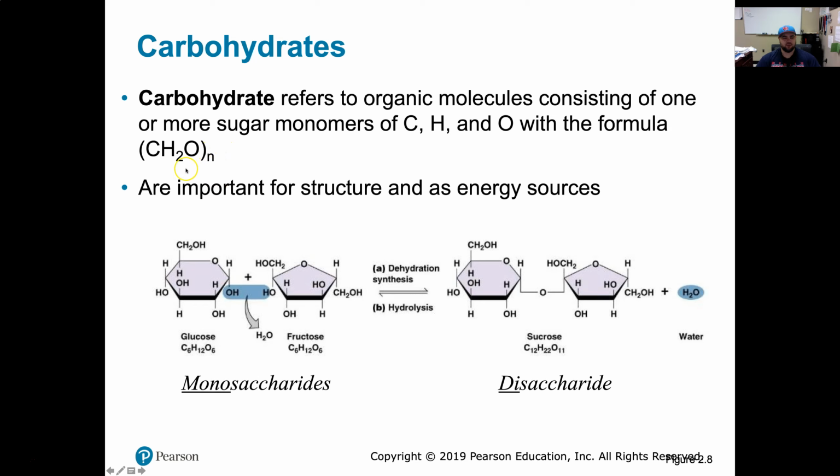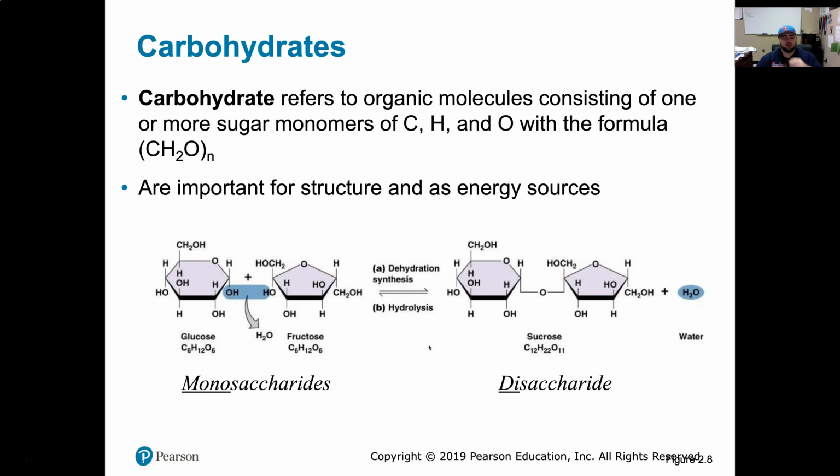So N gets distributed as a subscript to carbon, to the hydrogen, and to the oxygen. And that just tells you, if you have the number of carbons, then you know the answer is the same number of oxygens and double the amount of hydrogens. This isn't always the case. There are exceptions. But if you look at most sugars, they're going to follow that structure, or that formula, excuse me.